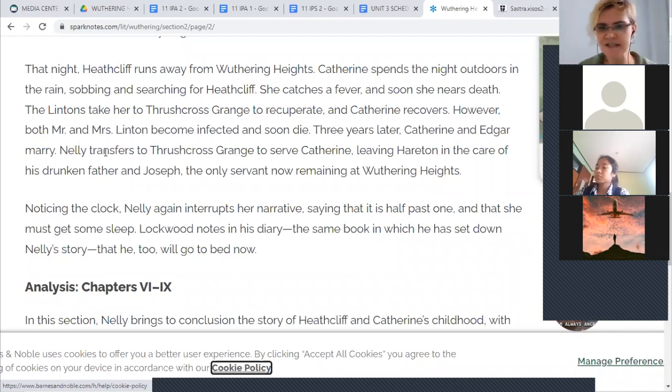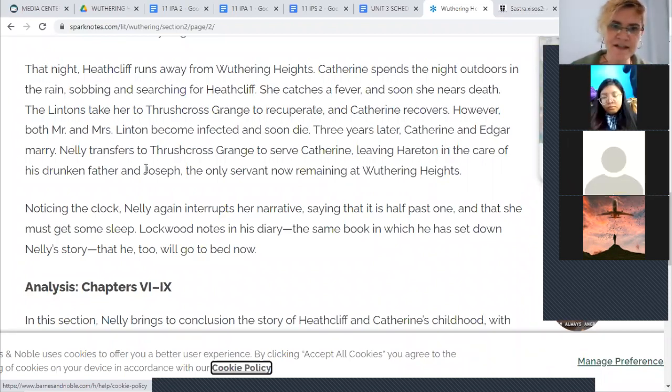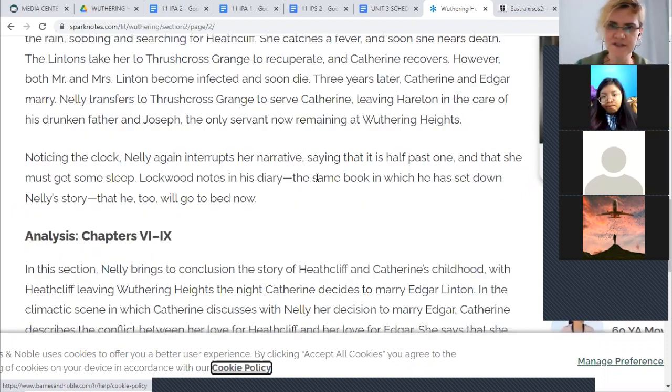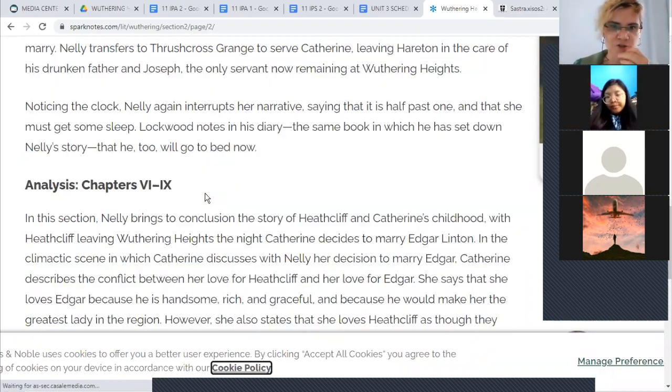And then 3 years later, Catherine and Edgar, the Linton son, get married. And then Nellie transfers to Thrushcross Grange to take care of Catherine. So Hareton, the boy, who is Hindley's son, is with Hindley and Joseph, the servant, at Wuthering Heights.